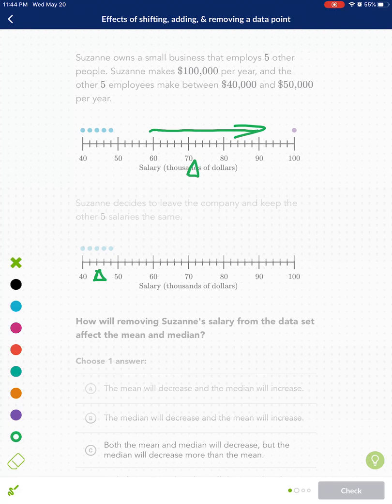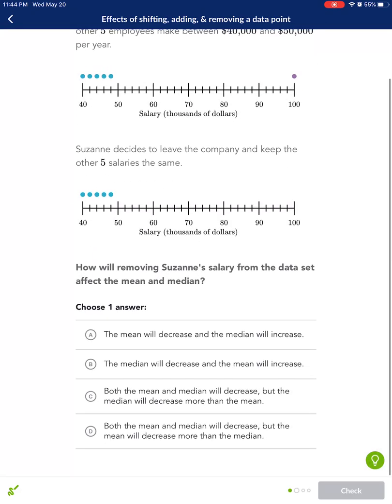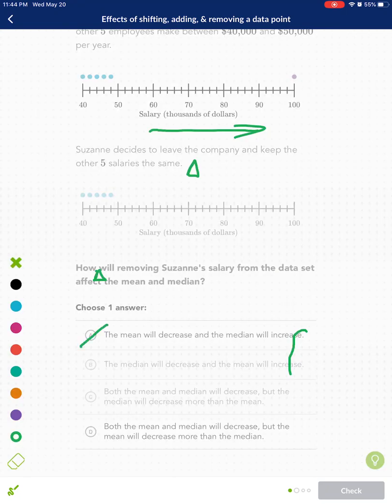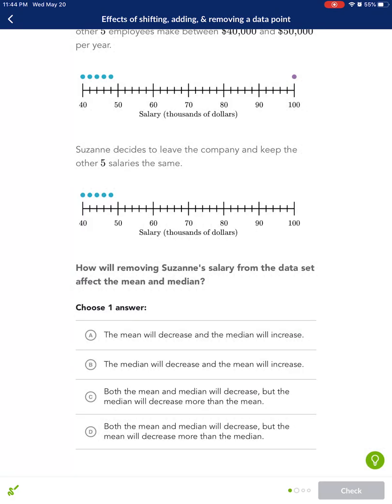Now, the mean in this case is going to increase, right? Okay, whoops. Let's see what we have for options. So A is garbage because it says the mean will decrease. Oh, never mind. Rewind the tape.